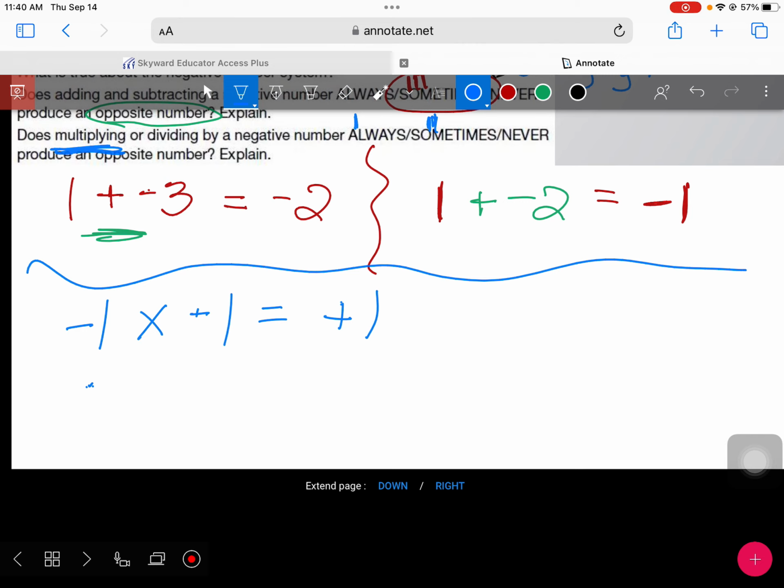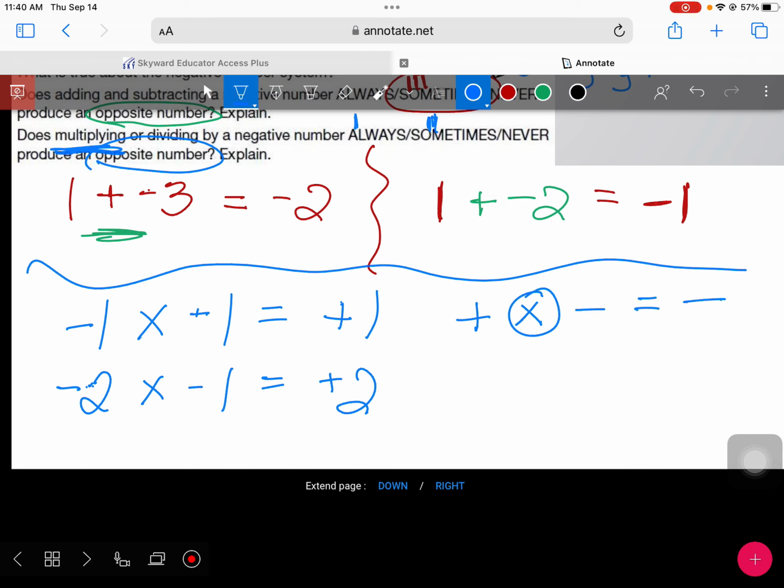So which of those terms always determines what you're going to get? Not the negative, because they're both negative. It depends on the first term, right? It's sometimes, because sometimes it'll be negative and sometimes it'll be positive. So both of those are sometimes.